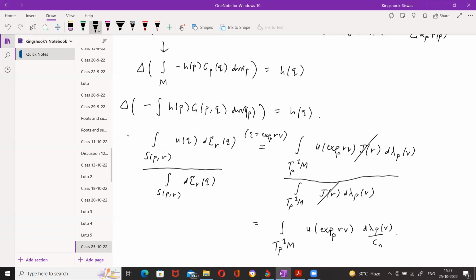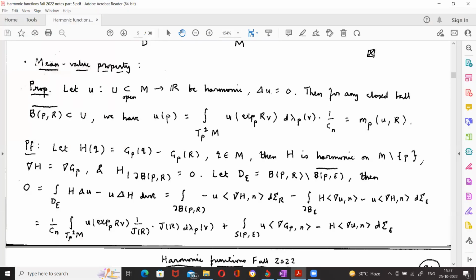Is this okay? Yes. All right. So this is really the mean value with respect to the surface area measure of the geodesic sphere, and it is the same as this integral. So I've just written it directly like this.